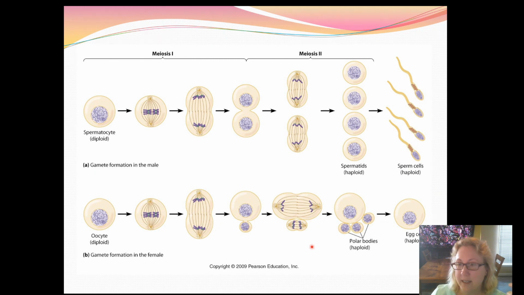And it gets that way partly by asymmetrical divisions. So the first meiotic division and the second meiotic division occur, but they're very asymmetrical. The first one occurs when the oocyte is preparing to be ovulated. So prophase begins in all of the oocytes.